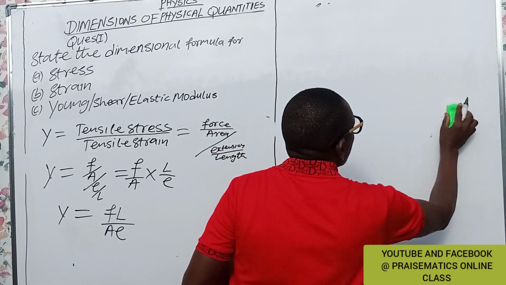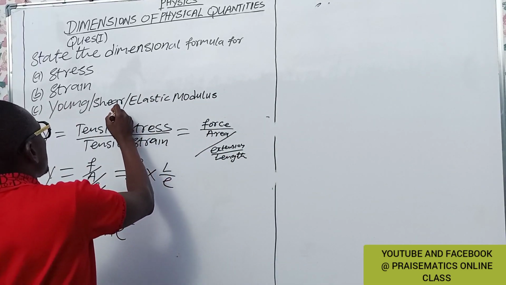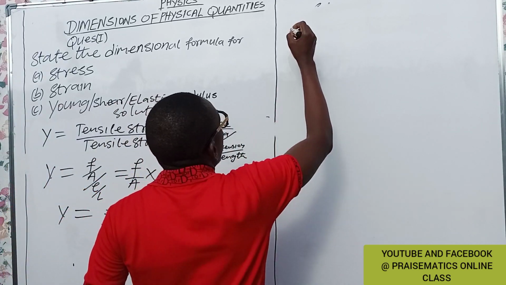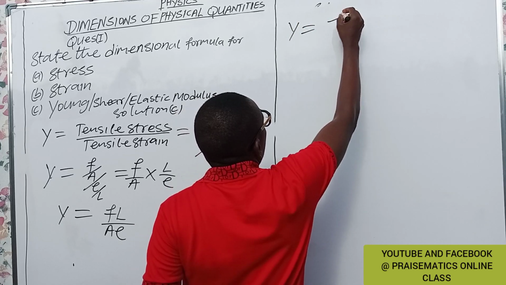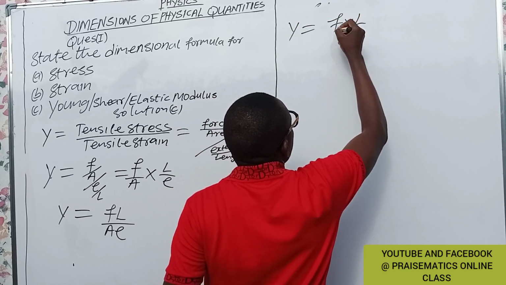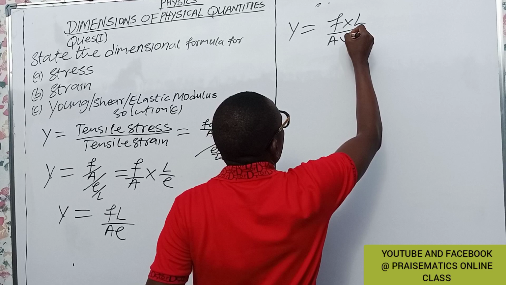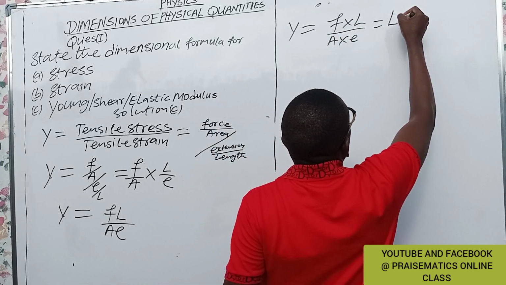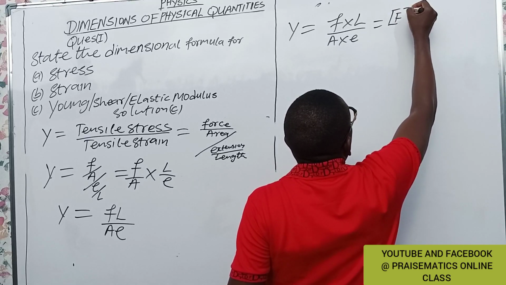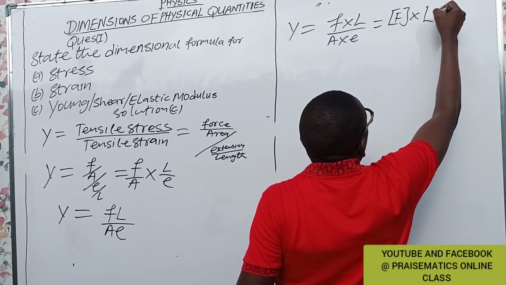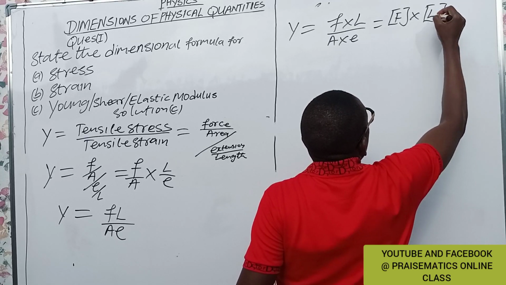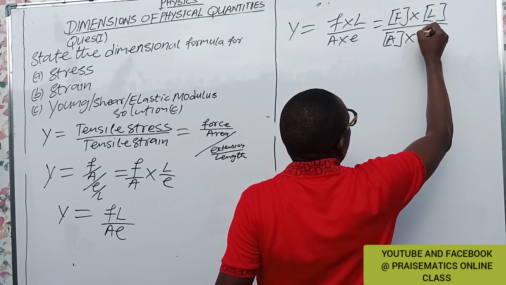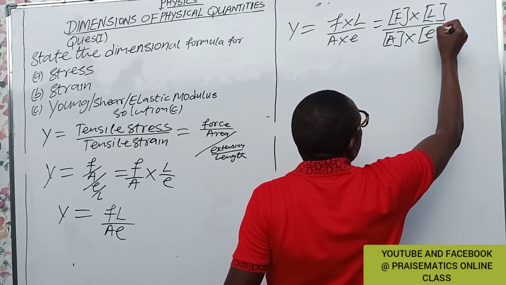Okay, now let's continue here. What we are solving is solution C. From here we have that Young modulus is equal to force multiplied by length all over area multiplied by extension. Which is the same as the dimension of force multiplied by the dimension of length, all over the dimension of area multiplied by the dimension of extension.